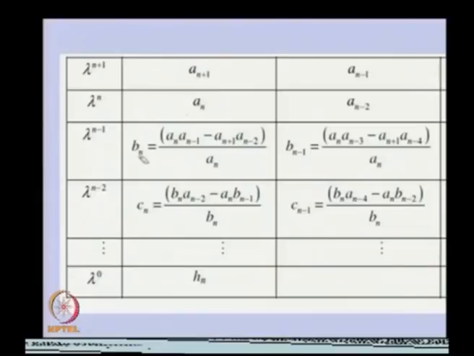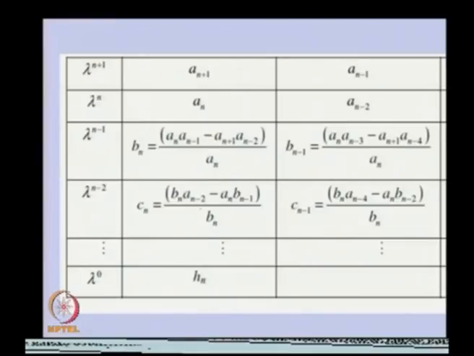Like b n, we have calculated based on the previous coefficients: a n minus 1 times a n minus a n plus 1 times a n minus 2, divided by a n minus 1. This quantity is defined as b n. Similarly, b n minus 1, c n minus 1. These have been defined, and if we calculate them, these coefficients should not have a change in the sign.